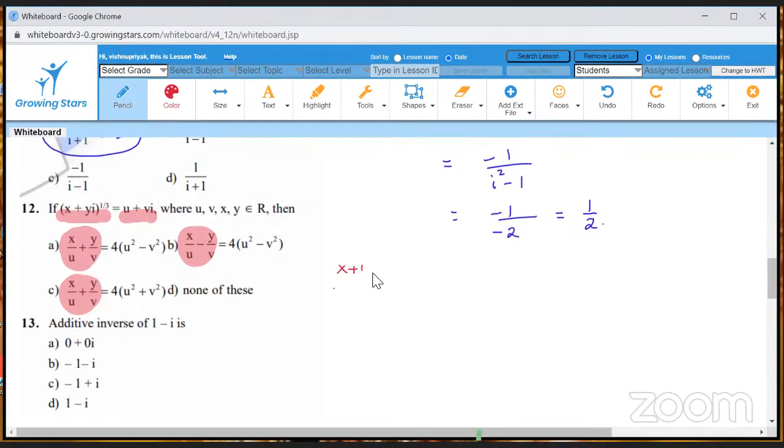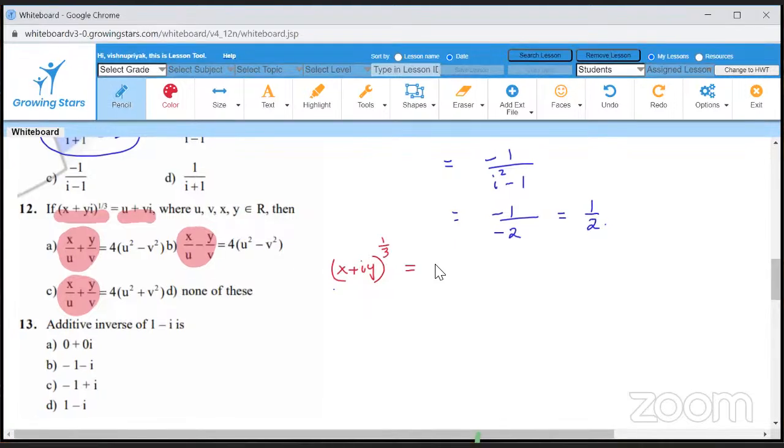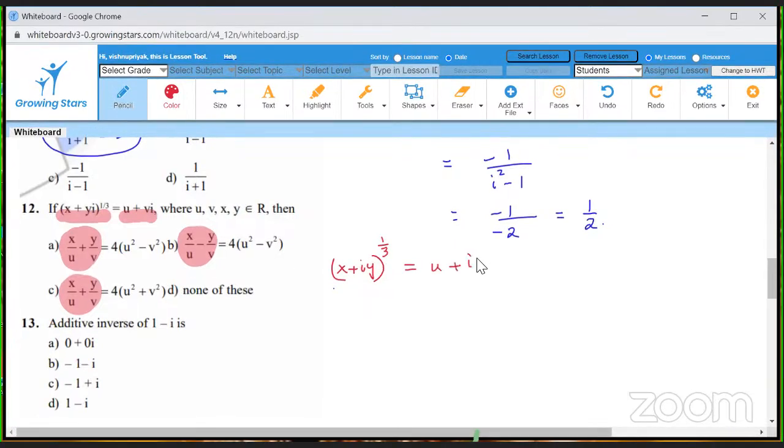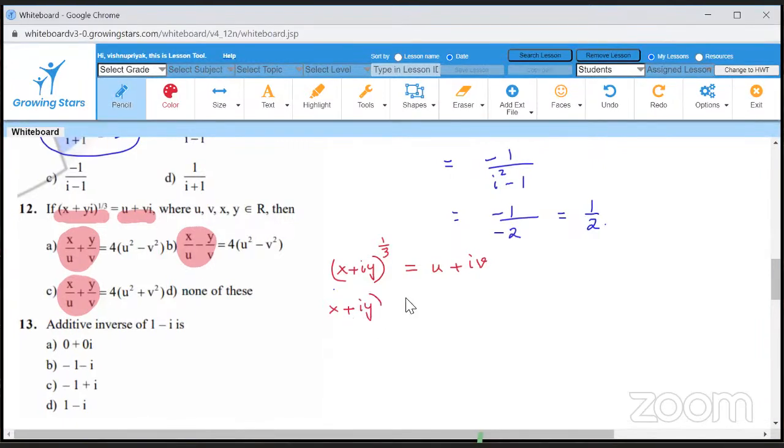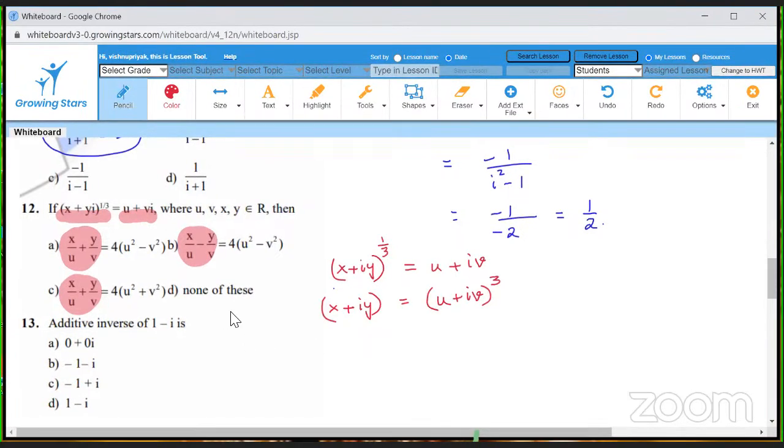X plus iY raised to 1/3 is U plus iV. So I can write X plus iY will be (U plus iV) power 3, whole cube.